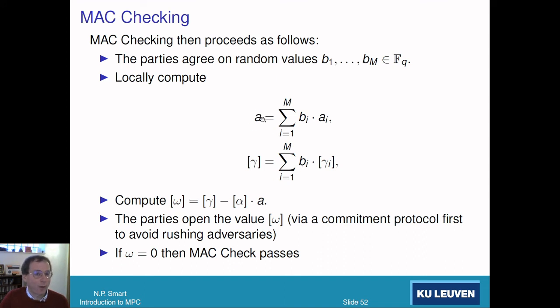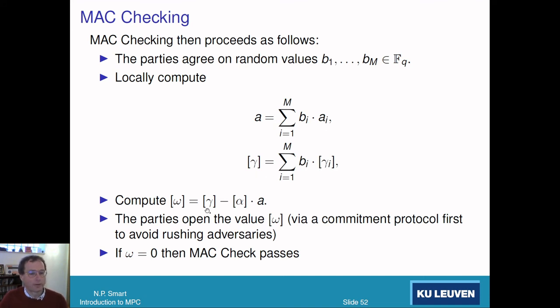So we've got a value a that's public and a MAC on a, gamma, which is not public, it's secret shared. So we just have to check that gamma is the correct sharing of a MAC on a, because if this is a correct MAC on a, then with overwhelming probability gamma_i is a consistent MAC on the value a_i.